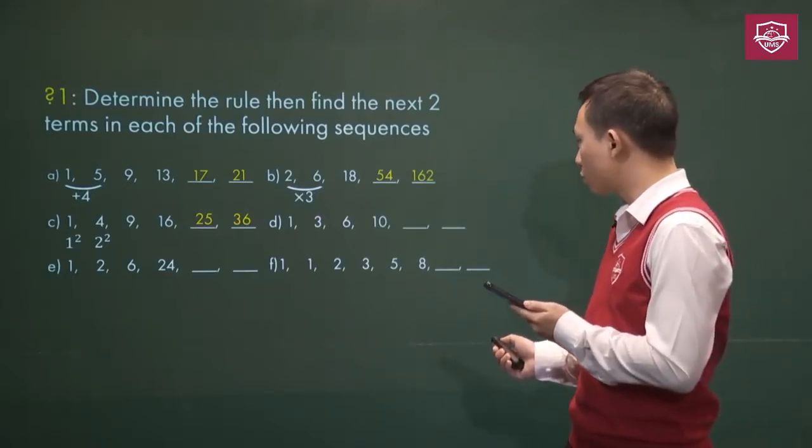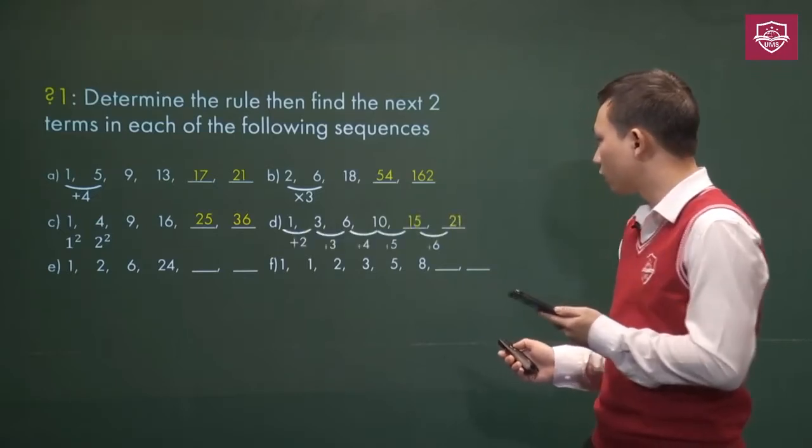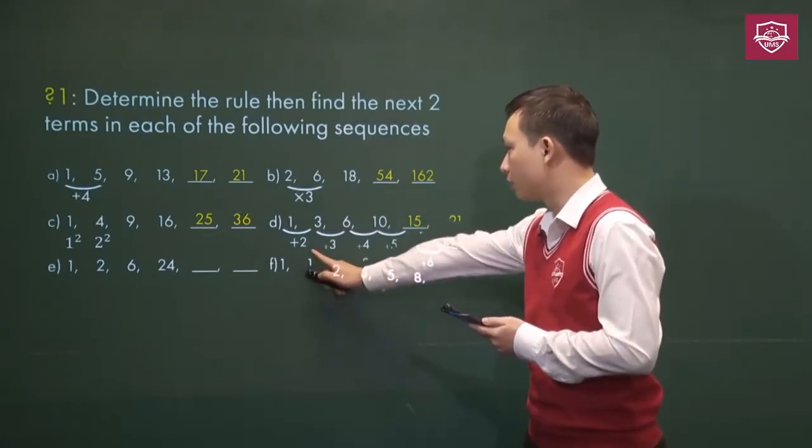The next two terms are 15 and then 21. The rule here is a little bit harder than the previous ones.